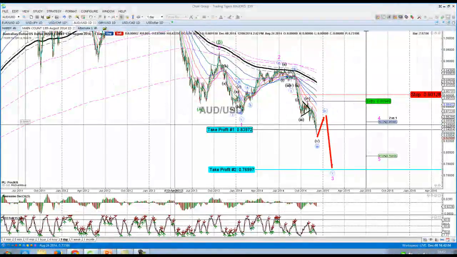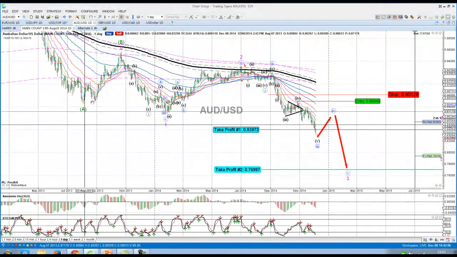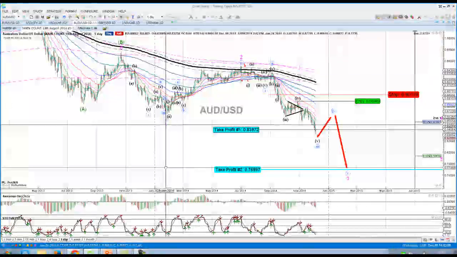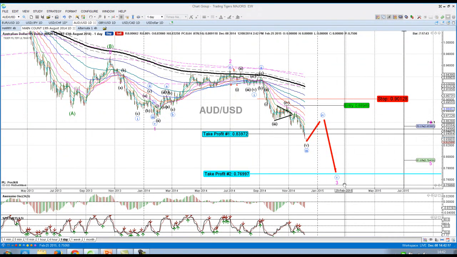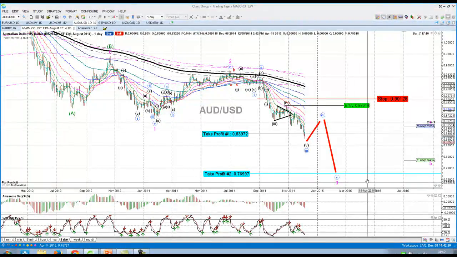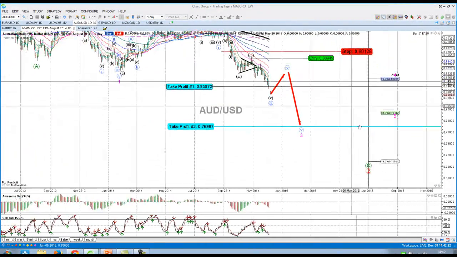Looking at that larger wave structure, there's an A, B. We're in the wave C of the intermediate, which is the substructure of the primary, red and in circles, which is below, down here. You can probably see it down there.